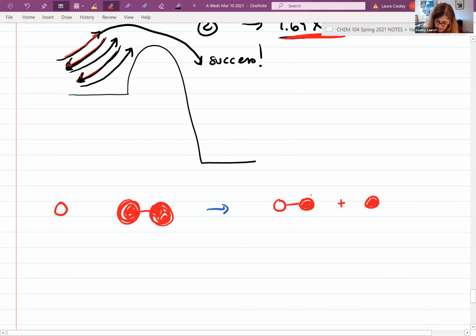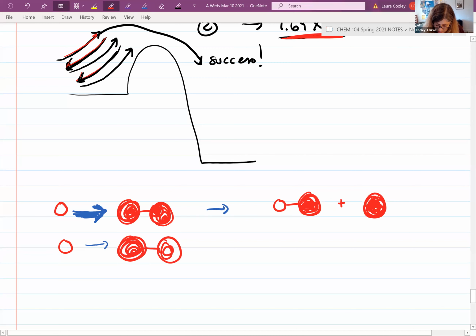Hydrogen plus Cl2 gives you HCl plus Cl, something like that. Okay. So you can imagine that if this atom were moving like crazy and hits this red one over here, that might result in reaction. Whereas if it was just moseying along and not with a lot of velocity, this might be unsuccessful.